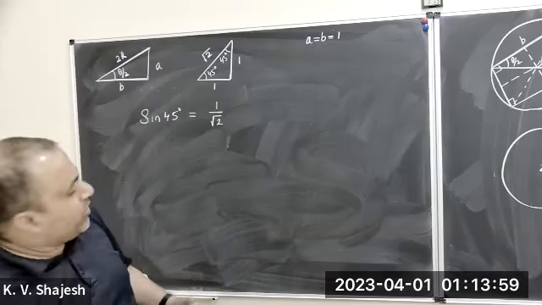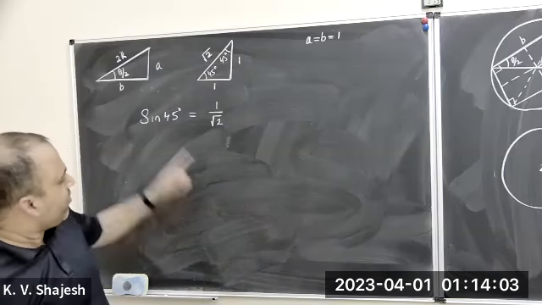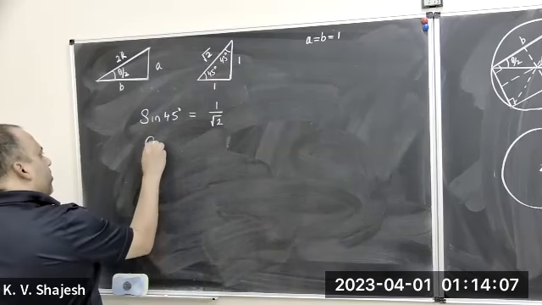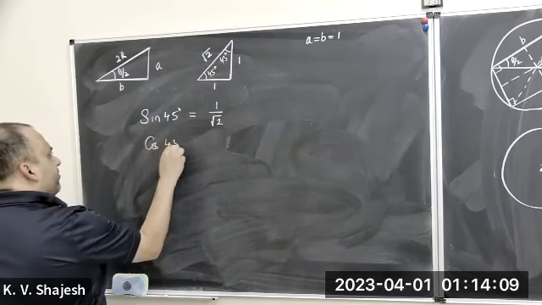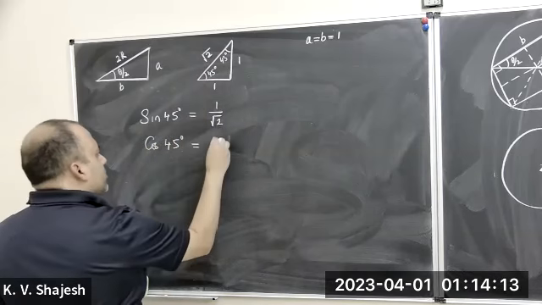Agreed? I cannot do this for any angle because I won't know these distances all the time. But for this triangle, I know that this is 1 over √2. And what about cosine 45 degrees? That's adjacent over hypotenuse, 1 over √2. Again, exactly the same.